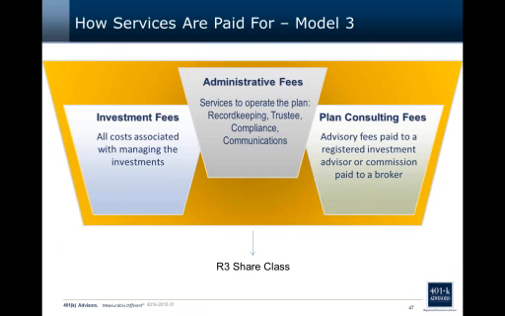So again, this goes back to having a philosophy in place on how you want the plan to pay for it, and then having a process to figure out how that's actually going to take place and how to monitor it. Where you get into problems with the DOL is if, let's say, you had the R3 share class, when you first implemented it, it was sufficient to cover all 3 categories of expenses.